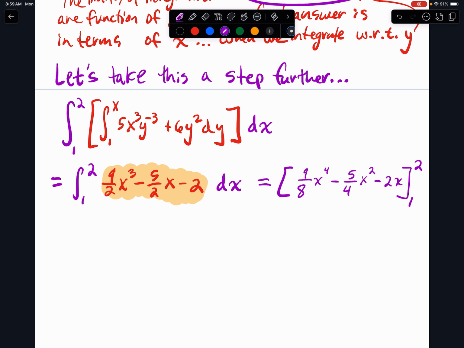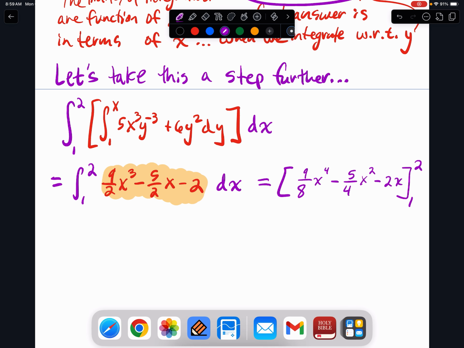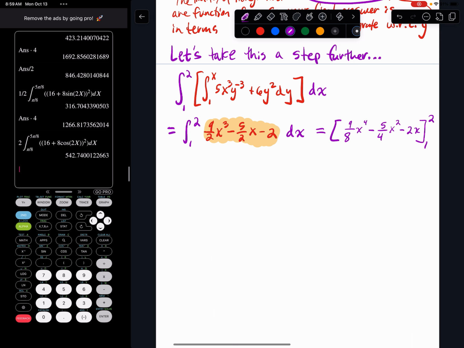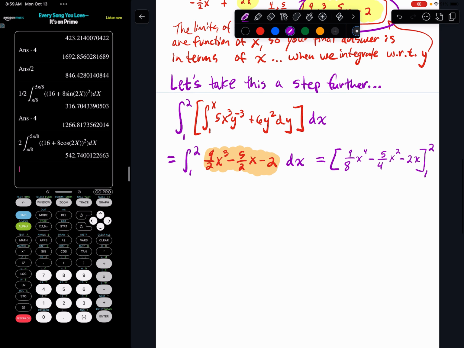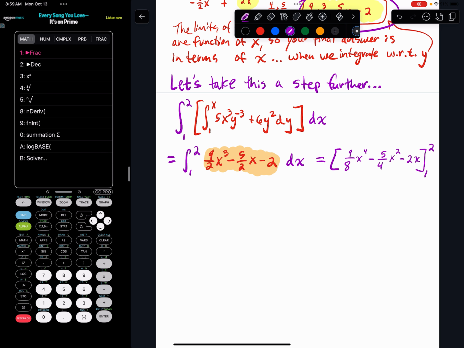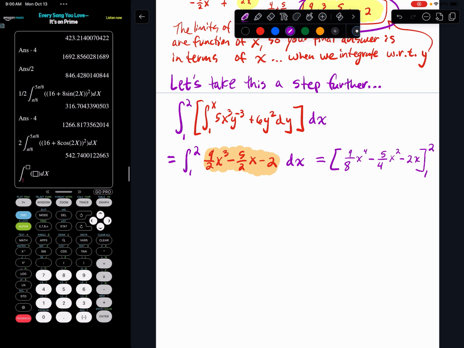Now you can type that, once you get the antiderivative here, you can just type that into your calculator if you want to, or you can do the arithmetic. I don't really care. I'm just going to type it in my calculator, math, and I'm going to go to my f integral. So I'm going to do from 1 to 2.